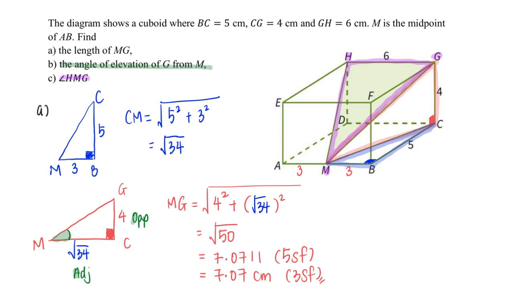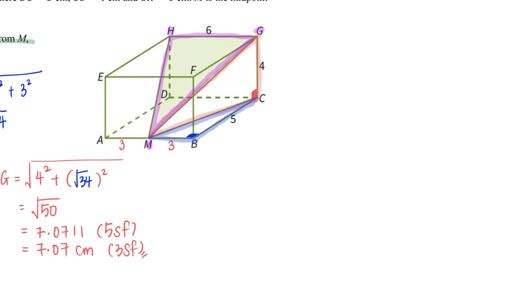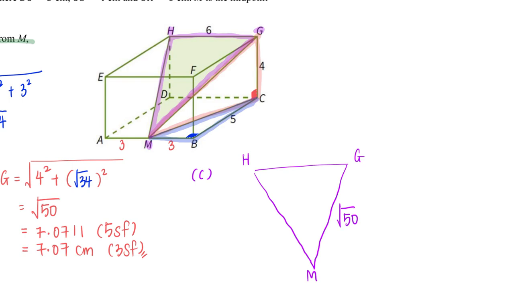So when I draw out this triangle for part C, our focus is then on this H, G, M, and we already got MG from the previous part, which is square root 50. You all must know that HM is also square root 50, and we have a 6 here, and we need to find this angle here.